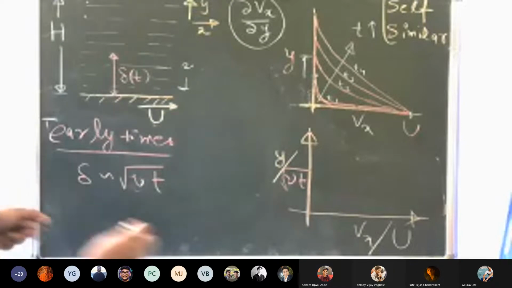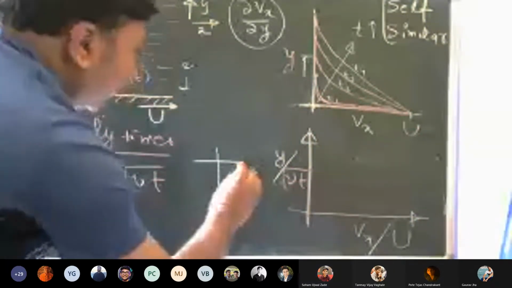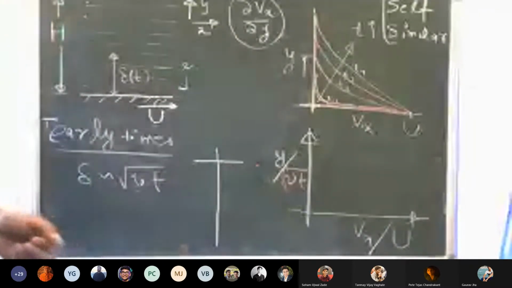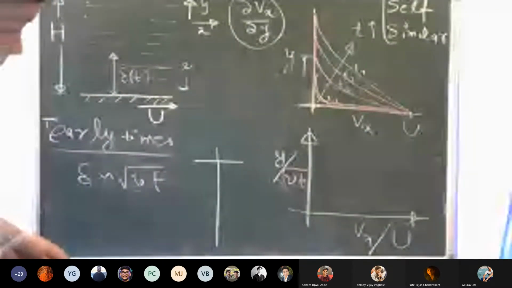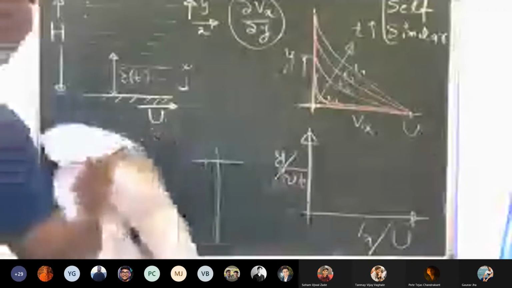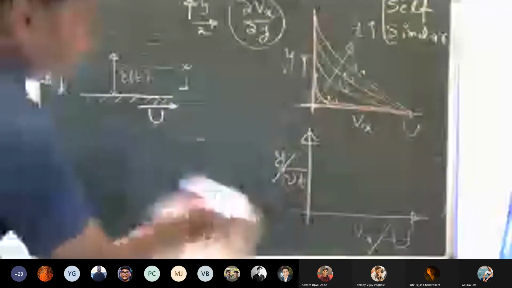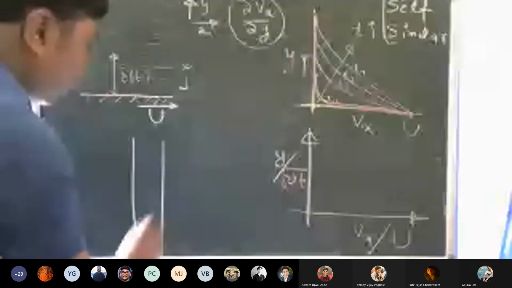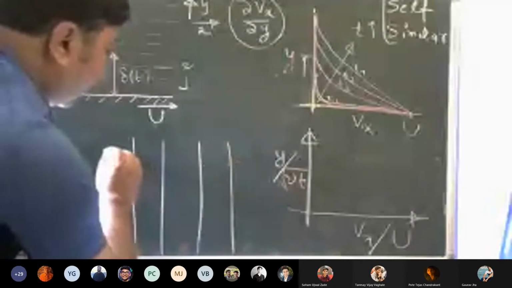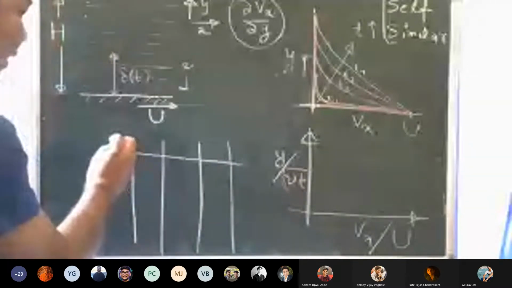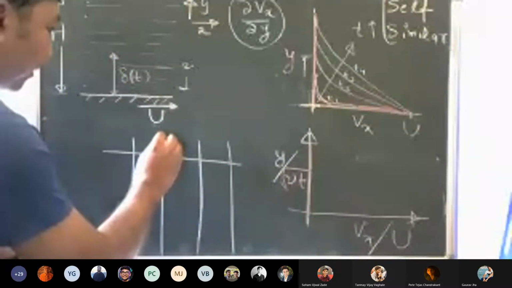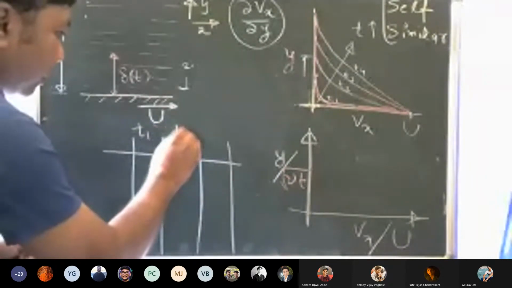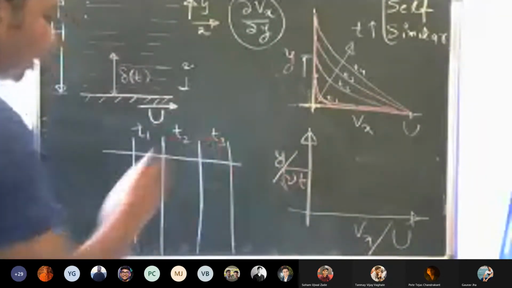So basically, if you have data, let me draw it here. This is the value at, let's say, T1, T2, T3.